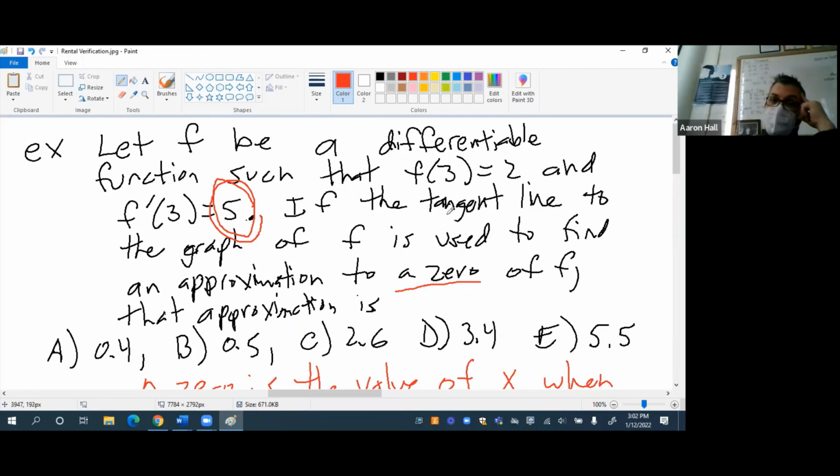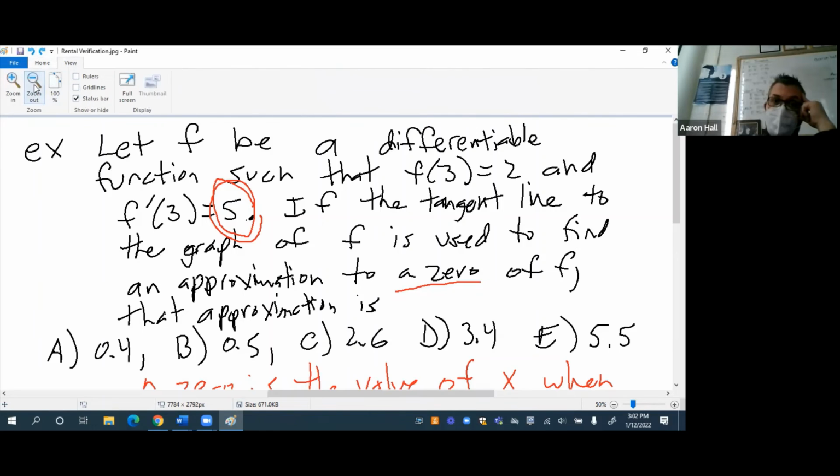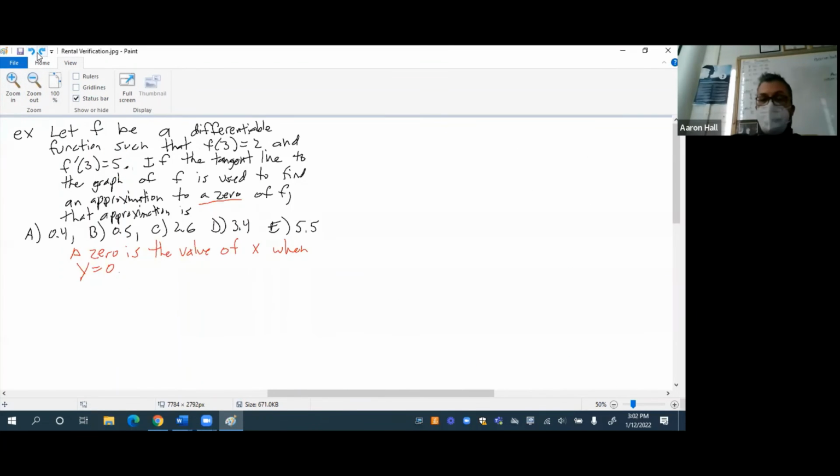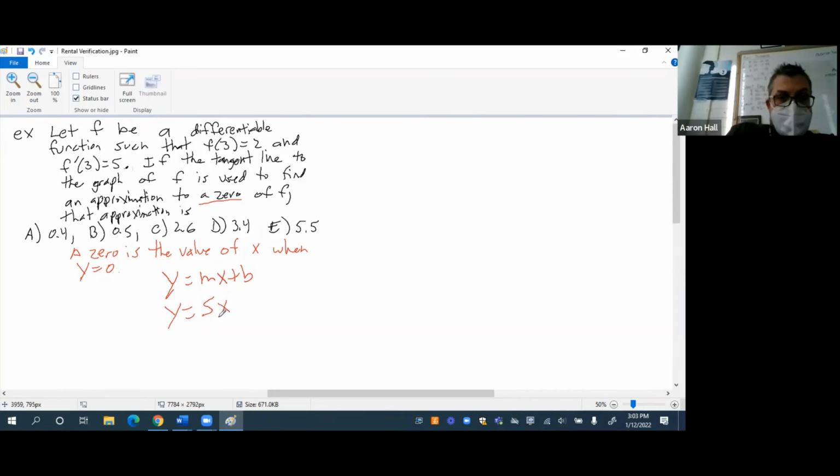Do we have enough information to figure out a tangent line? Yes. Okay. What is the tangent line? Tangent line is 5x minus 13. So we're using y equals mx plus b. Where did you get 13?